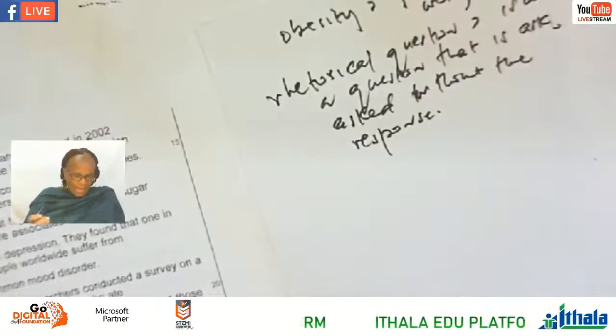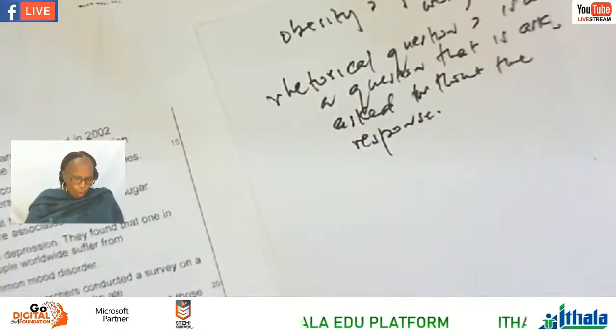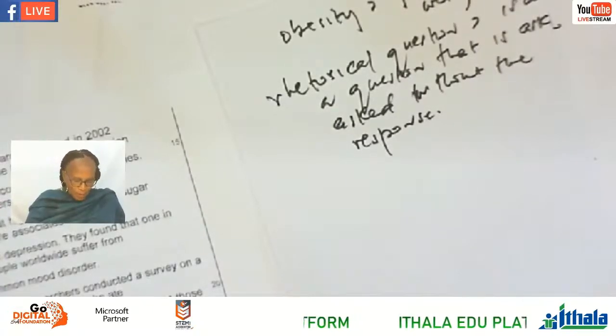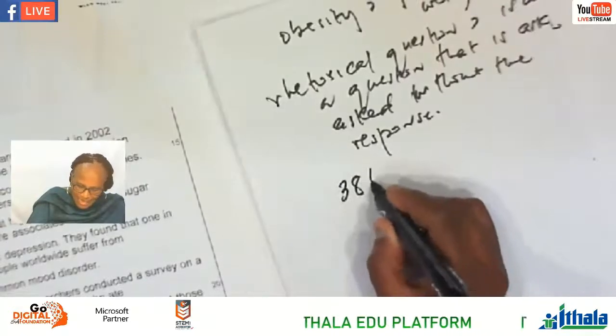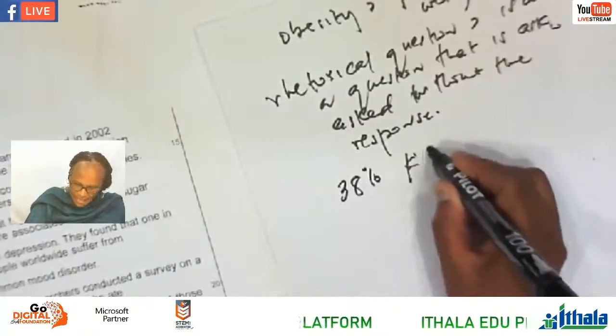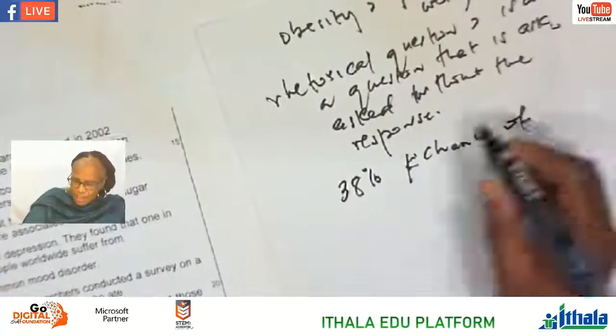They found that those who ate mostly factory-baked foods had a 38% chance of developing depression.